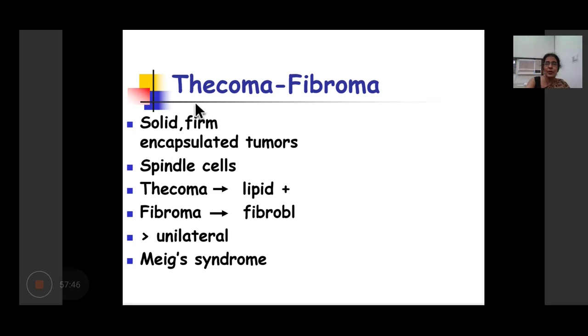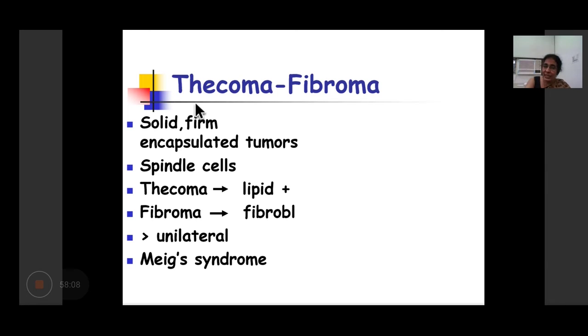Now, till now, we were talking about the cystic tumors or solid cystic tumors. Now, thecoma and fibroma occur from the stromal cells of the ovary, which are spindled fibroblastic cells. They secrete estrogens, and these are the cells which will proliferate and form solid encapsulated masses formed of long spindled cells.